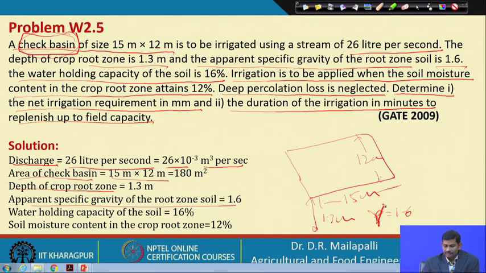Water holding capacity of soil is 16% and soil moisture content is 12%. So, the field capacity and theta c are given.